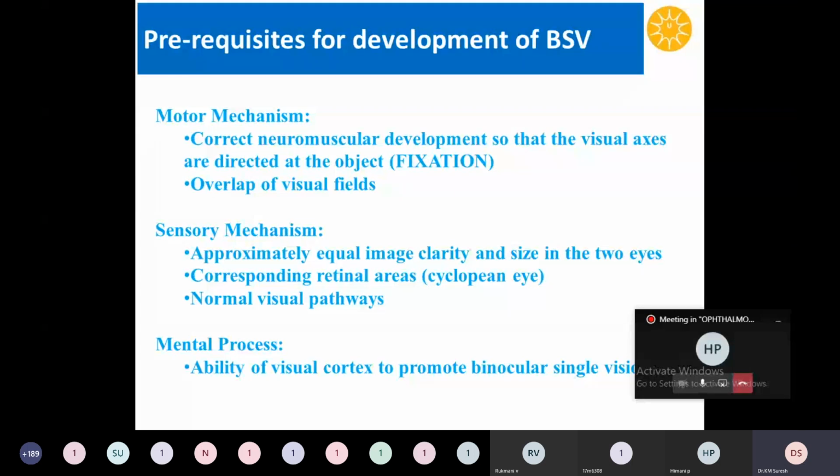In the sensory mechanism, you have to have approximately equal image clarity and size in both the eyes. There may be slight dissimilarities, but these are wiped off by the ocular system and the brain. Corresponding retinal areas are present in the retina, which are represented in the brain, and they fuse together to form these two images into a single image.